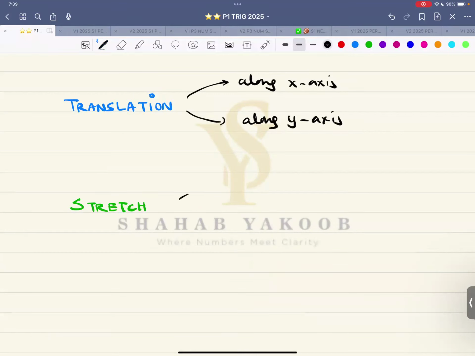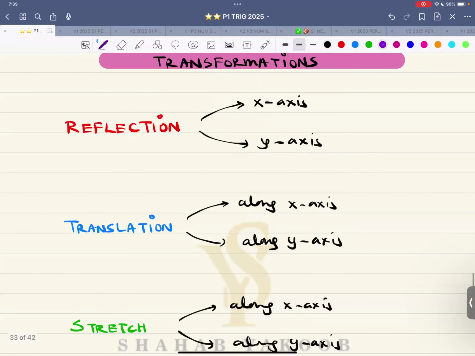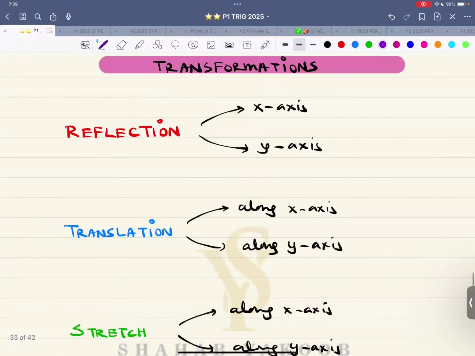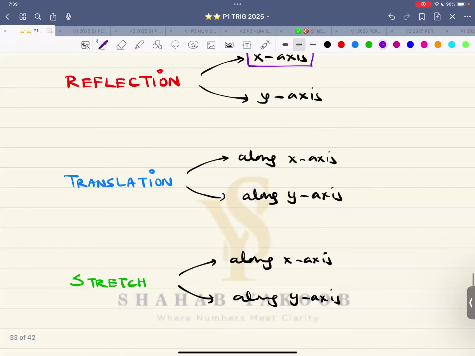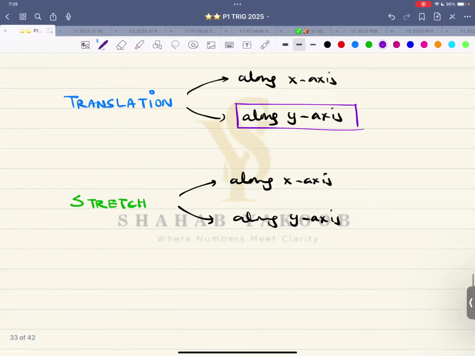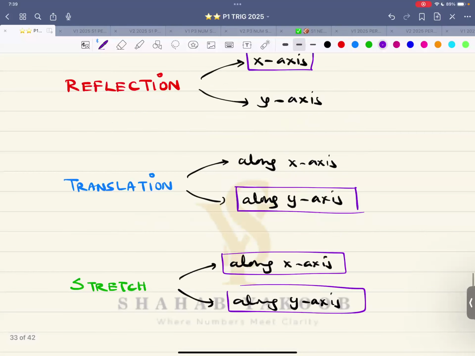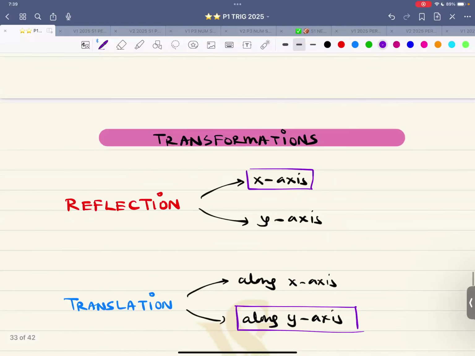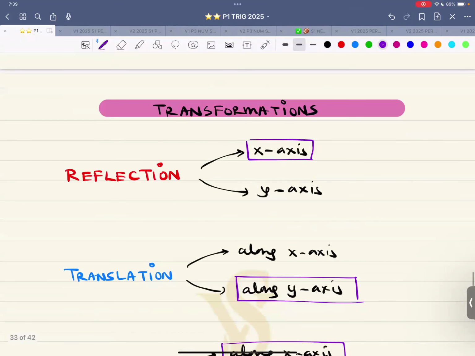So stretch could be along x-axis, along y-axis. So there are 4 transformations that I'll focus in our trigonometry for right now.